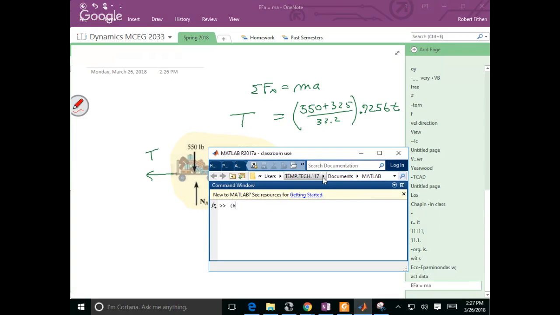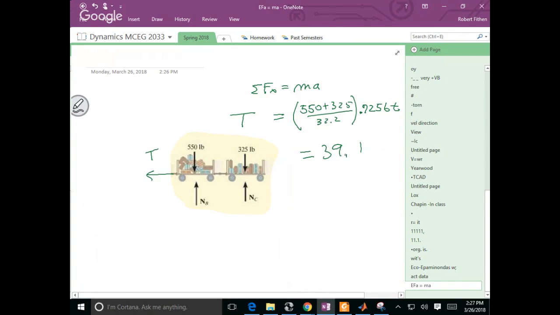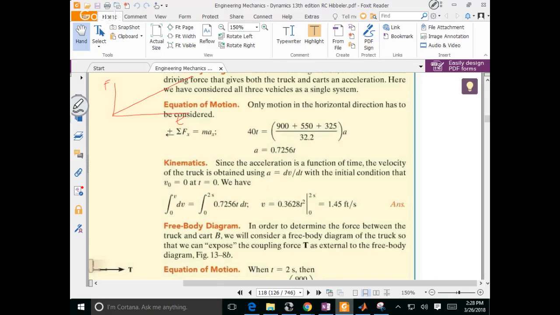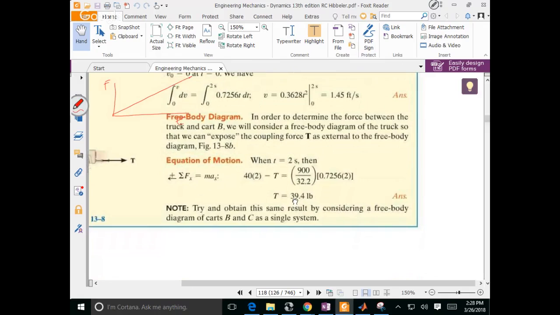Okay. 550 plus 325 divided by 32.2 times 0.7256 times 2. 39.43, or almost 40, but 39.43. So I get 39.43. Is that what he got? 39.4. Okay.